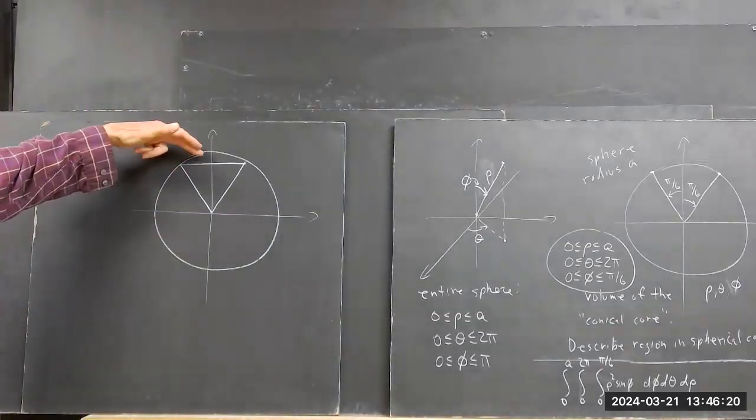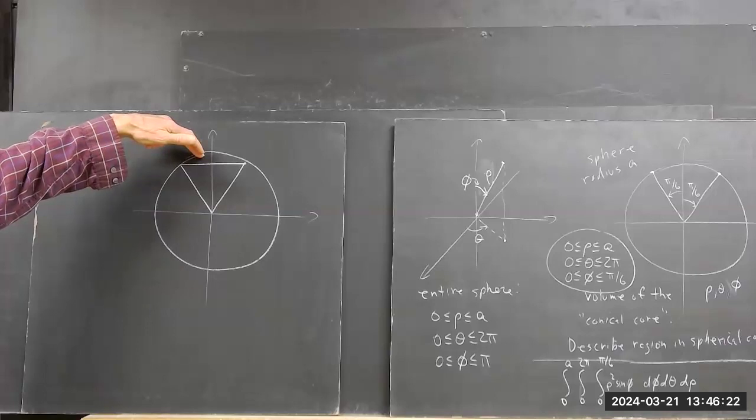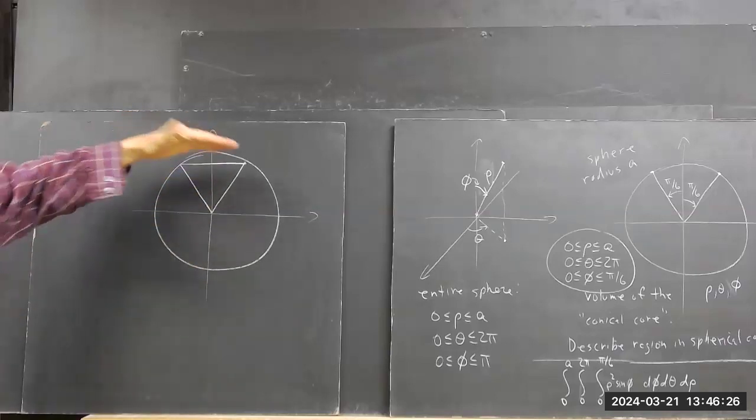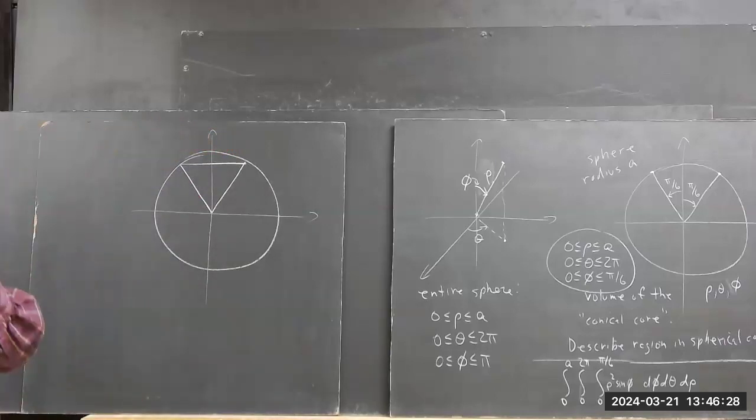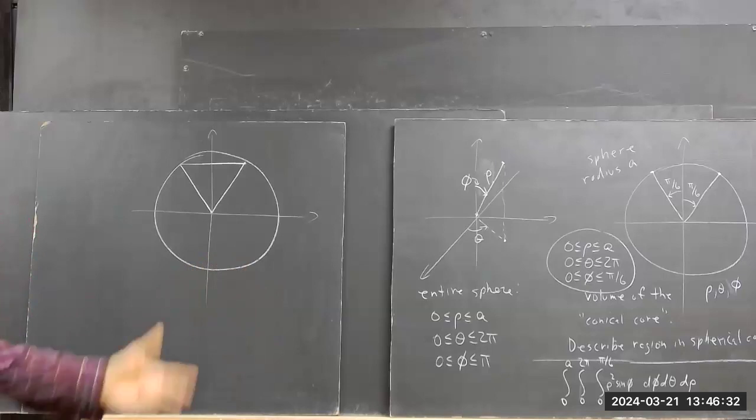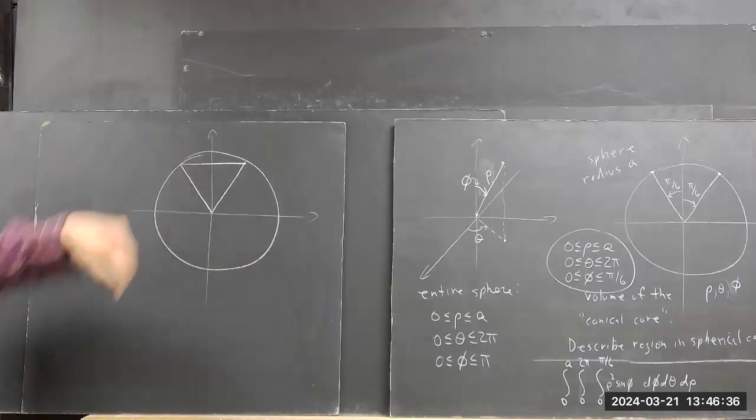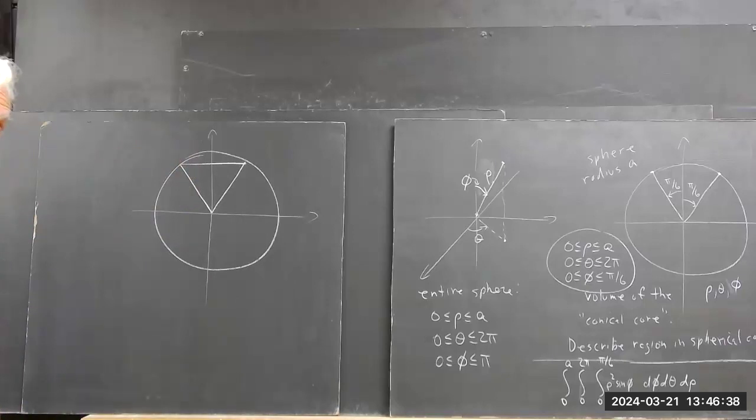Suppose we wanted to chop off this rounded part here. It's kind of like an ice cream cone until we chop it off. So we take the ice cream cone, but we take the part on top and give it to somebody else. How are we going to do that?